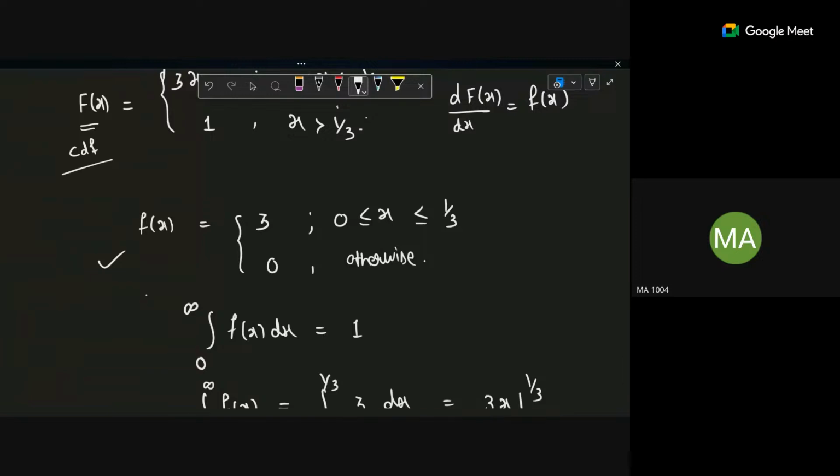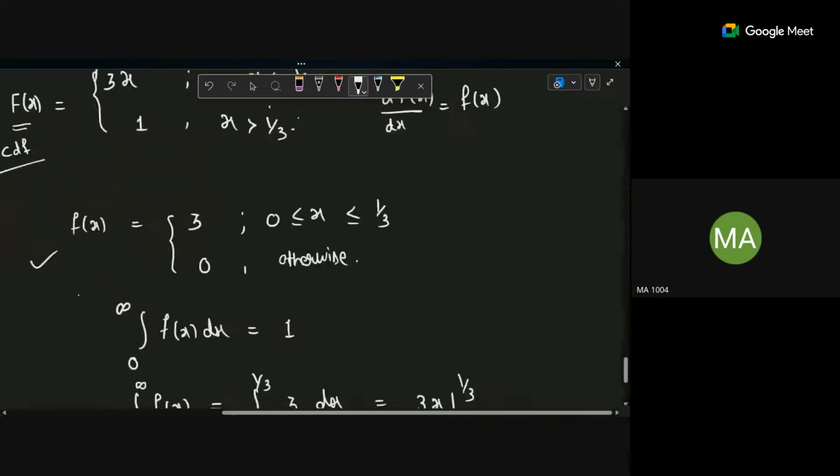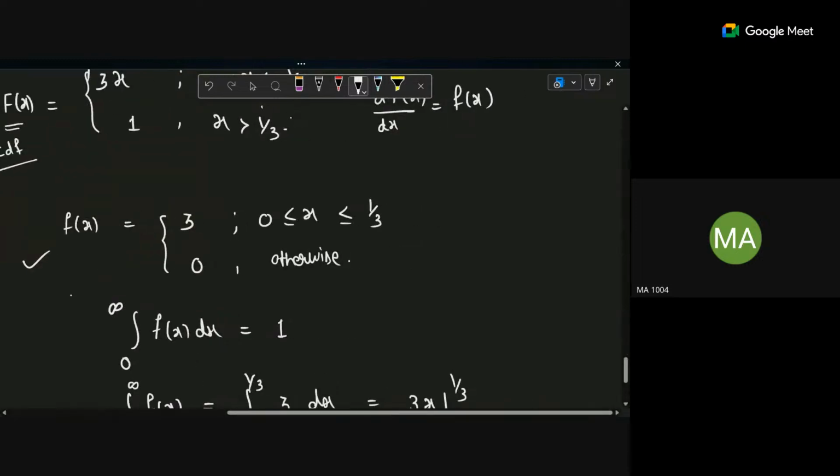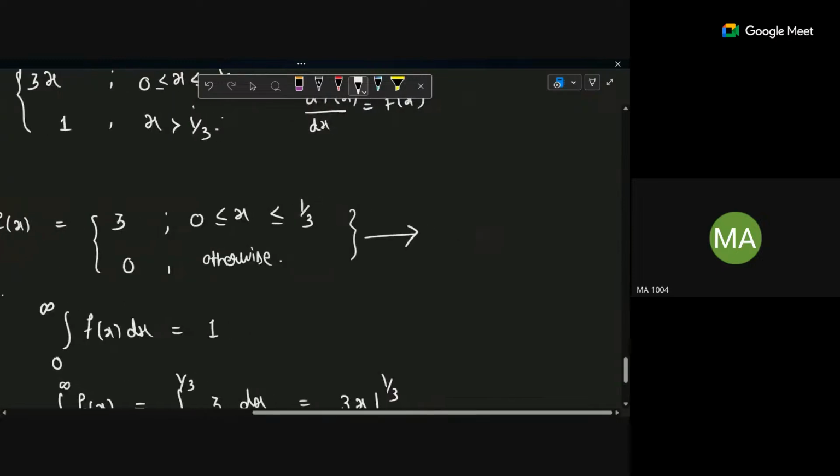Because once you draw the graph for this particular PDF, how will it look? It will be something like this. Do you guys have pen and paper with you? Yes, ma'am. Okay, how does the graph look if you have drawn it?